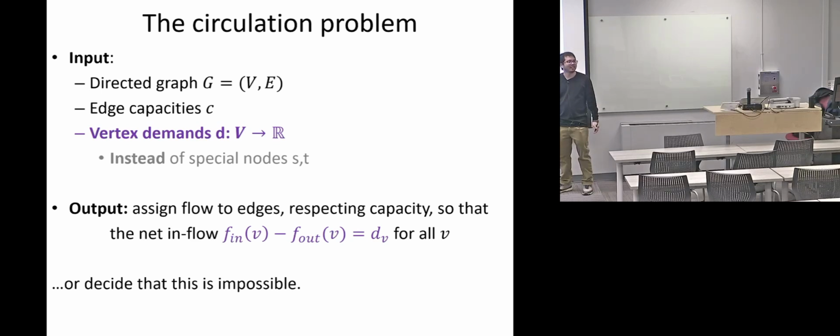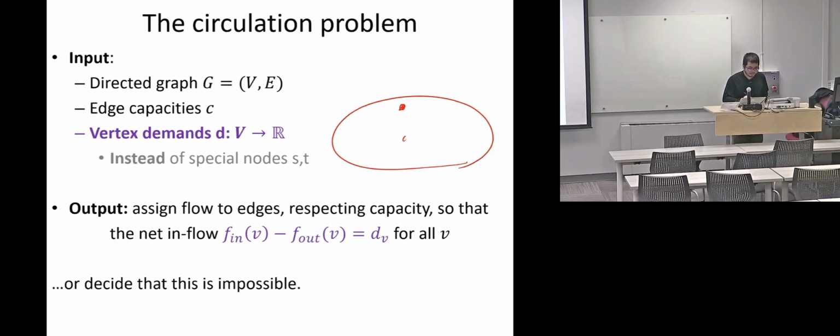So is this basically just max flow without the conservation requirement? Yeah. Normally for max flow, every node here has demand 0, and you want S to be negative as much as possible, and T to be positive as much as possible, and everyone else is 0.